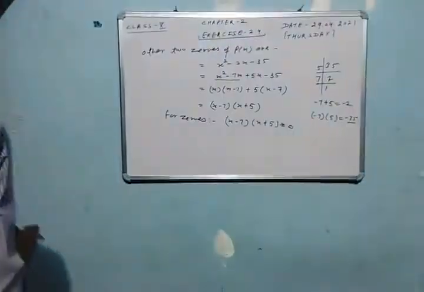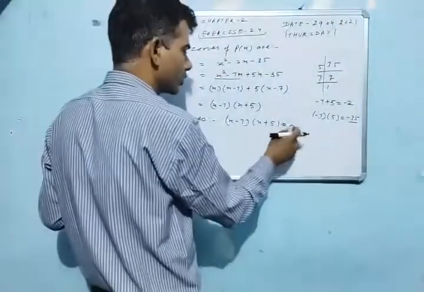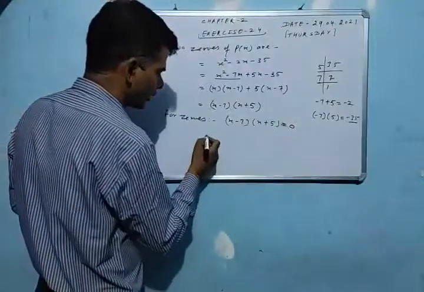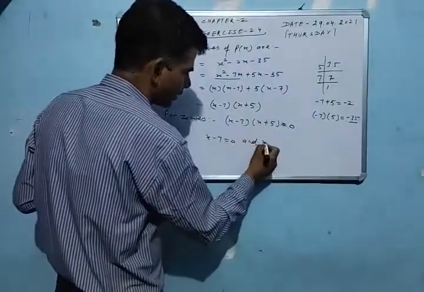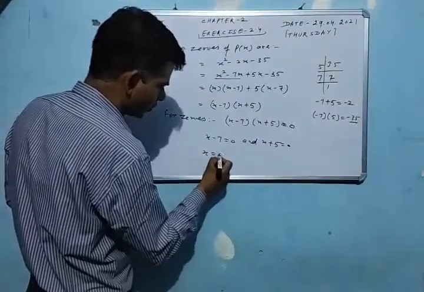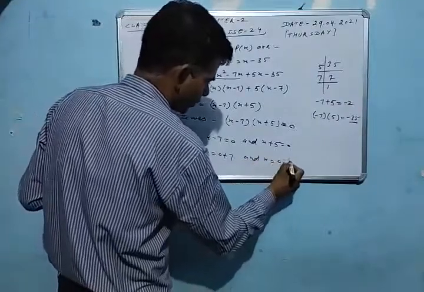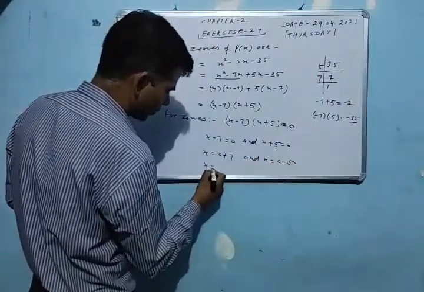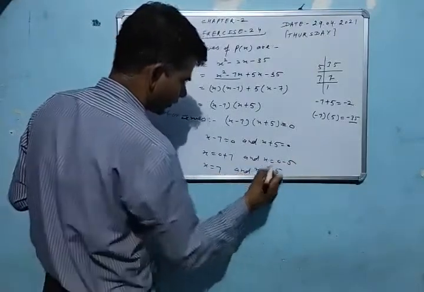Now students, from factorization we have to find out zeros. Now x minus 7 equal to 0 and x plus 5 equal to 0. Now student, x is equal to 0 plus 7 and x is equal to 0 minus 5. x is equal to 7 and x is equal to minus 5.